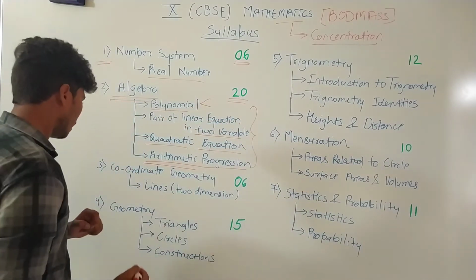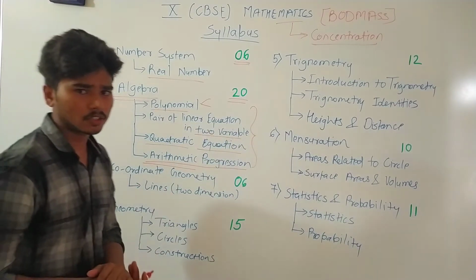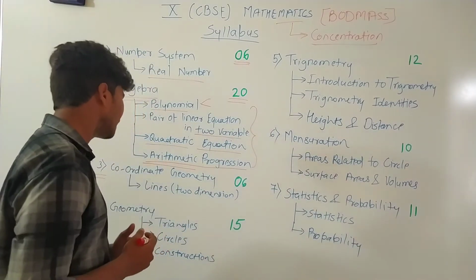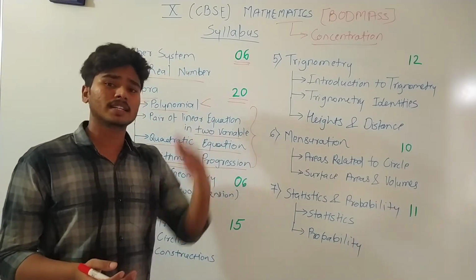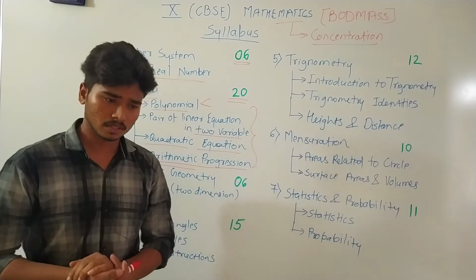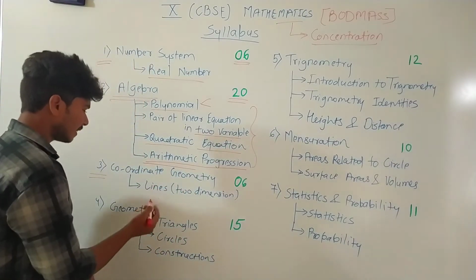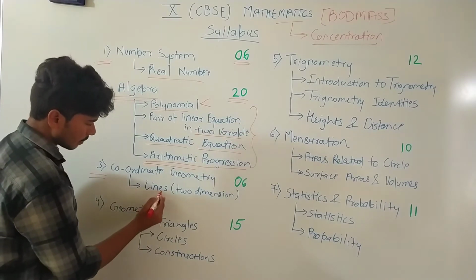After that, the third unit, a simple unit, is coordinate geometry. You have already learned coordinate geometry in 9th standard, in quadrants: the first coordinate, second, third and fourth, plus minus, plus plus, something around that. In that, we are going to learn about lines.